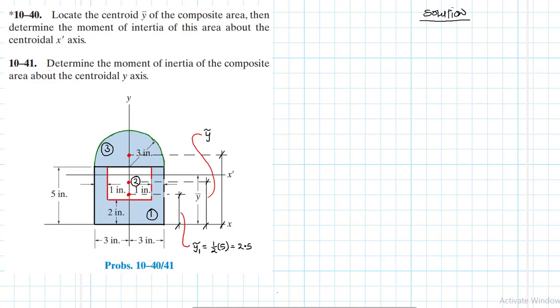y curled of 2. What's y curled of 2? There is an initial distance from the x-axis, which is a 2, plus half of, what's the height of this?